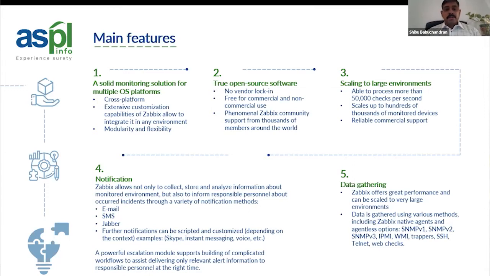Zabbix helps us monitor each and every parameter of it. It can be customized to a level wherein you can have KPIs monitored for each and every platform that you have. That's the best part of having Zabbix as a solution for monitoring your operating system platforms.